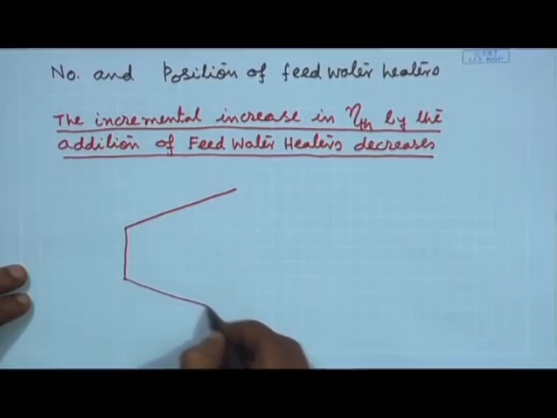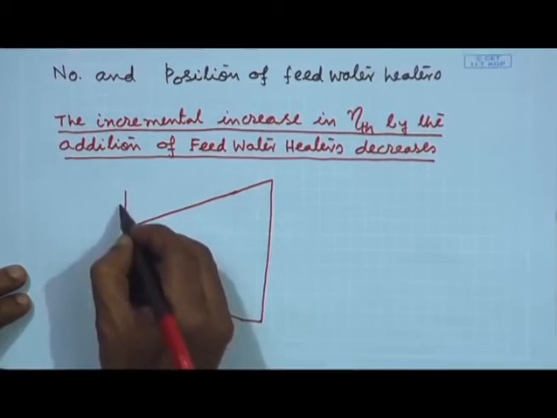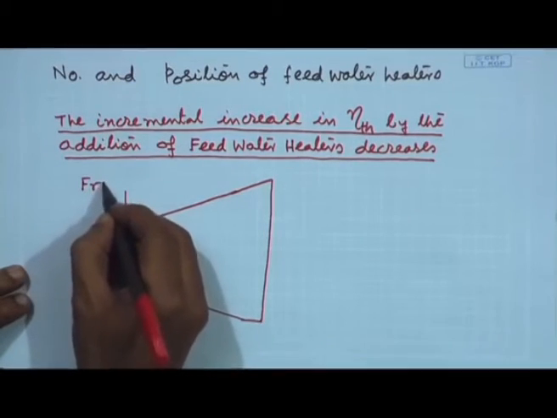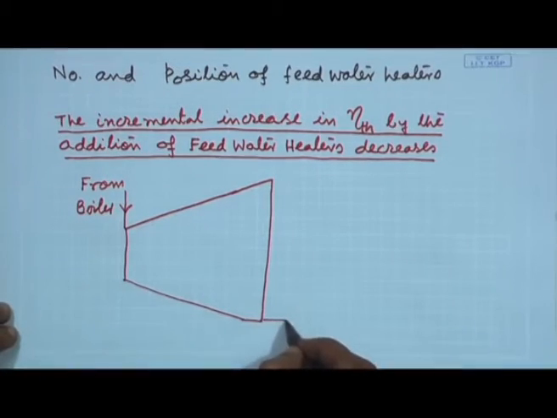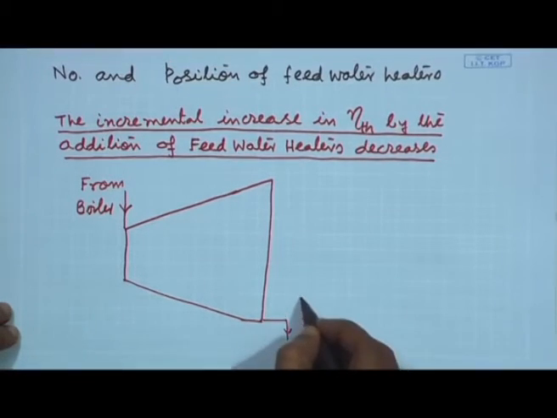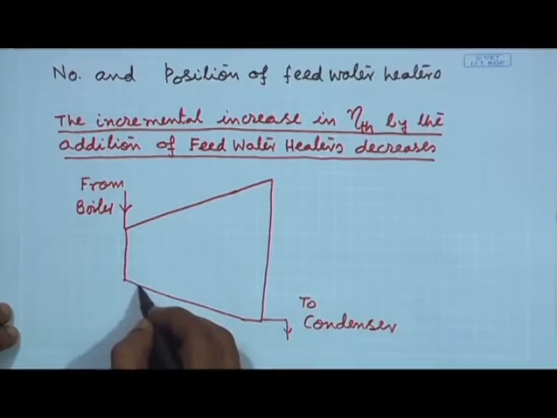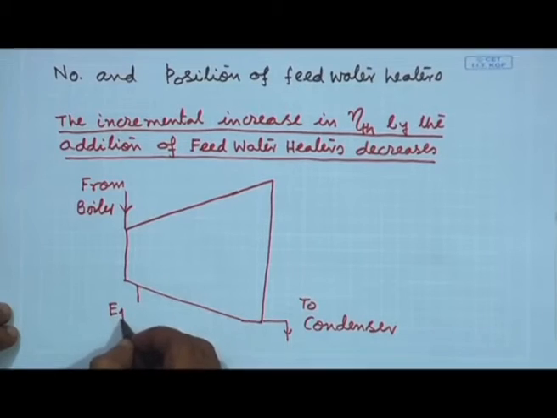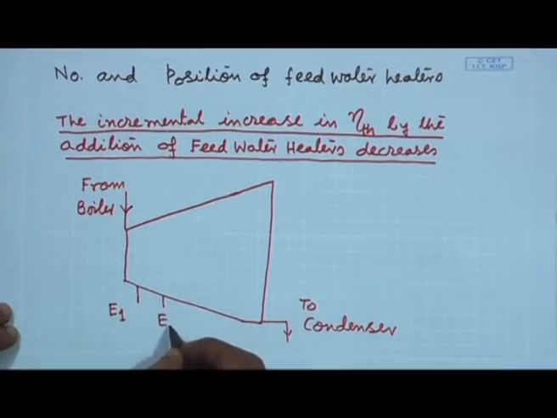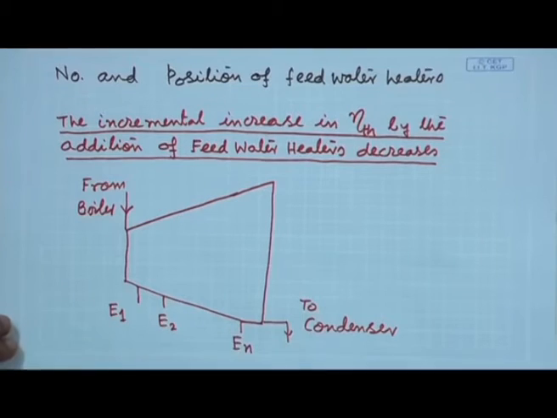Extraction point means this is a turbine, high pressure steam is coming over here from the boiler, here ultimately it is going to the condenser, and let us say we have got extraction point 1, I am denoting as E1, I have got E2, I have got En, n number of extraction points.